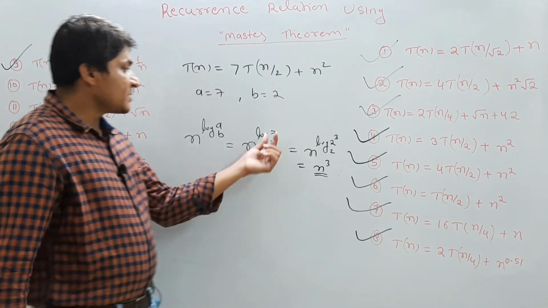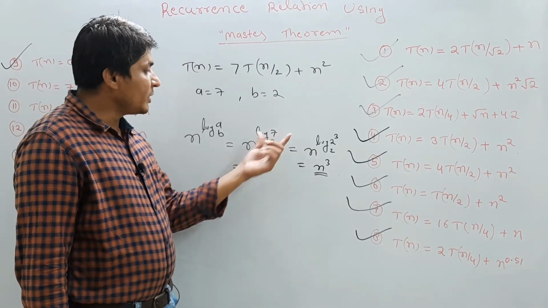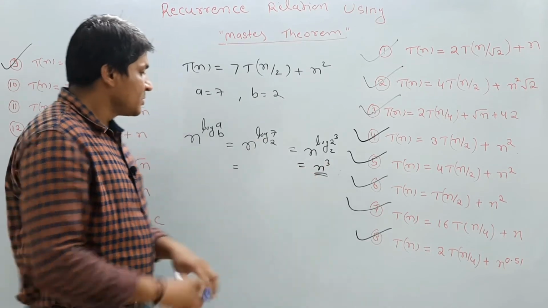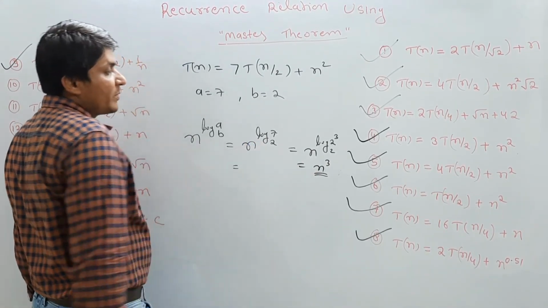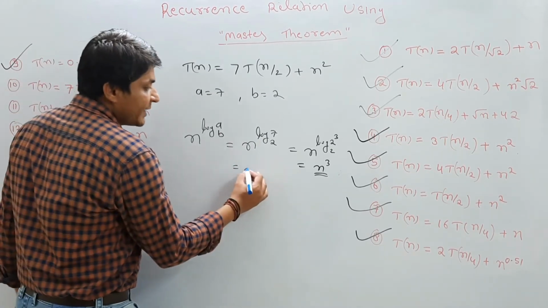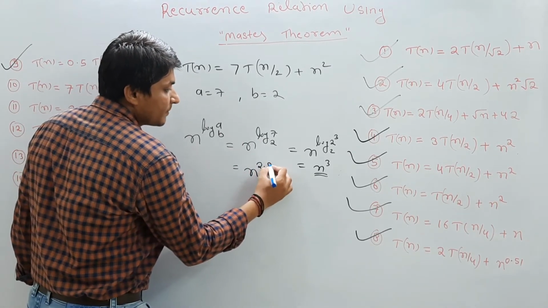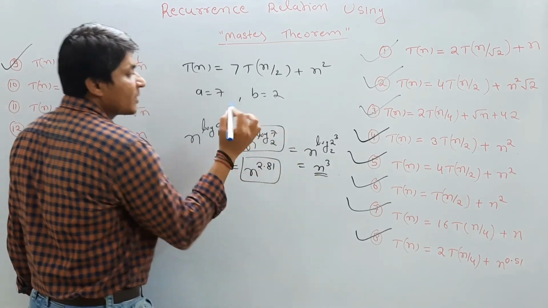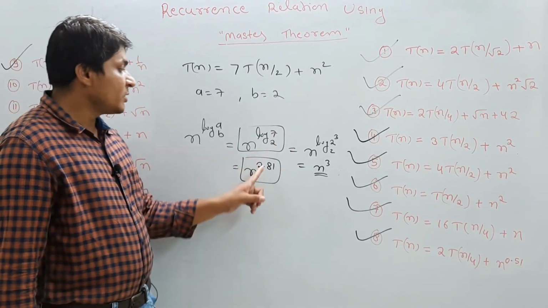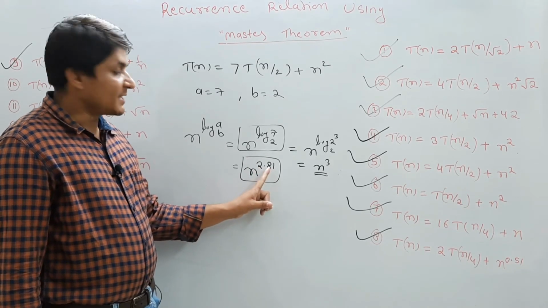But see, this is not 8 actually, it is 7. If you calculate this, it has to be less than 3. So the exact value of n raised to power log 7 base 2 is n raised to power 2.81.